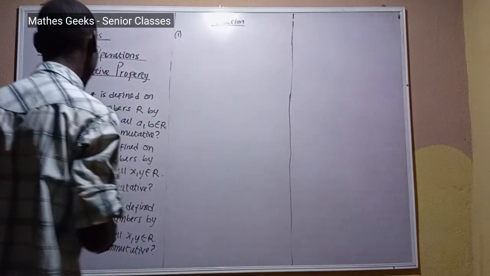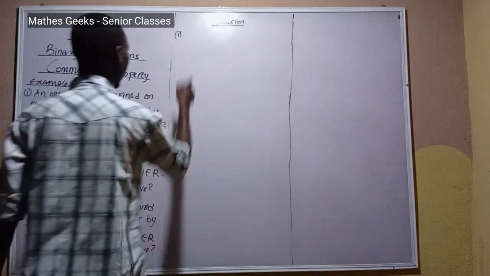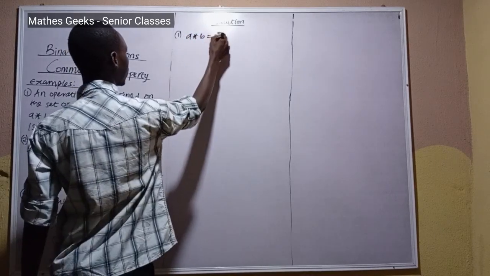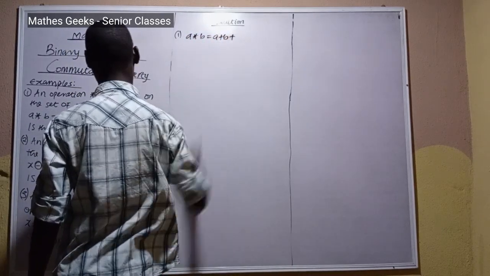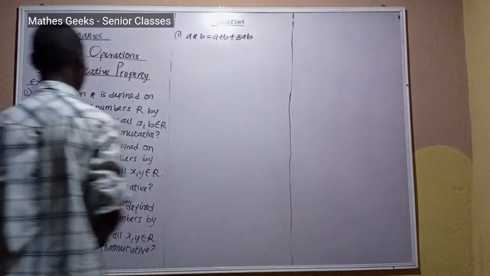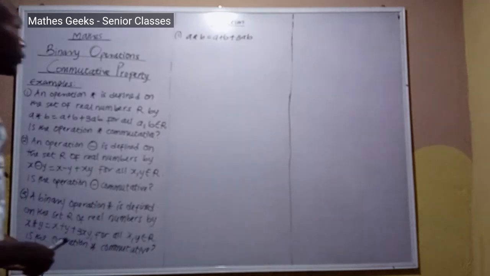An operation star is defined on the set of real numbers R by A star B equals A plus B plus 3AB, for all A and B members of set R. Is operation star commutative?